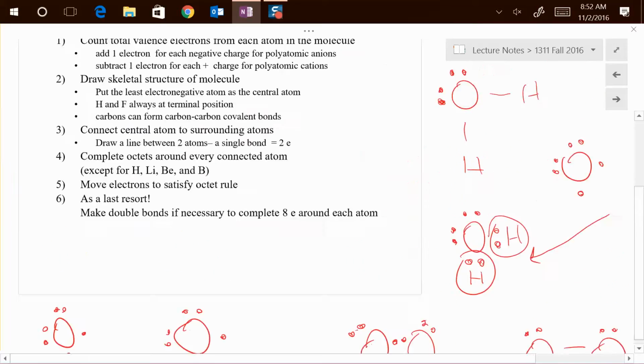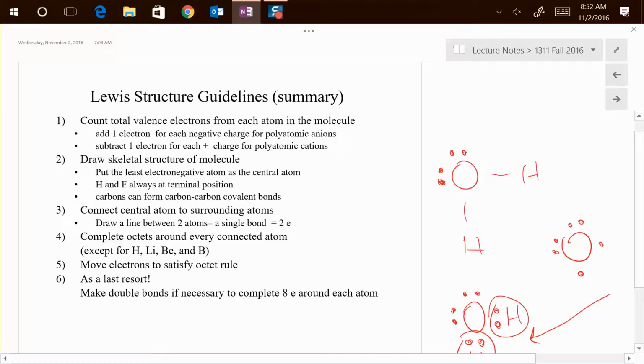All right. So there's certain rules that we want to follow to be able to draw these structures. Okay? The first one is count the total valence electrons from each atom in the molecule. If there is a negative charge, you're going to add an extra electron to that entire molecule. Okay? And if there's a positive charge, you're going to subtract an electron from the entire molecule.